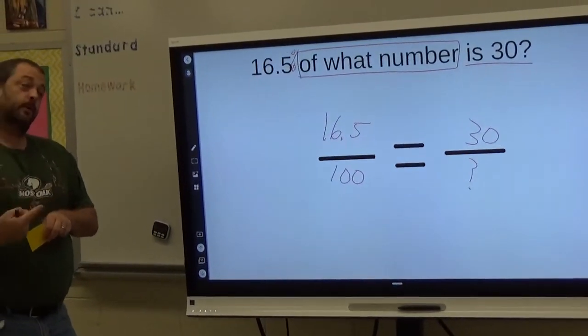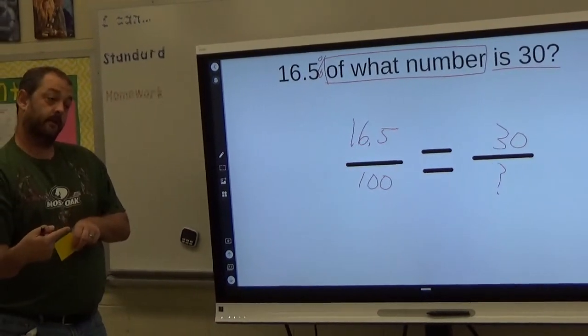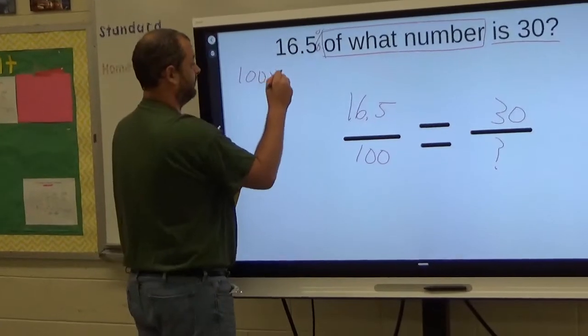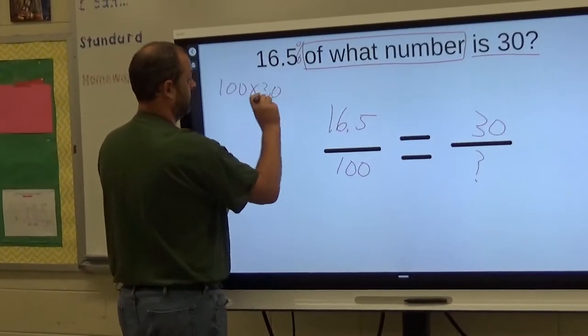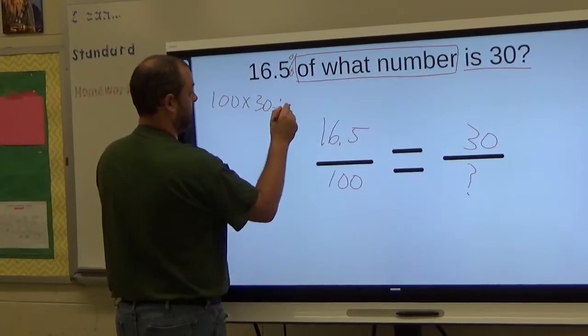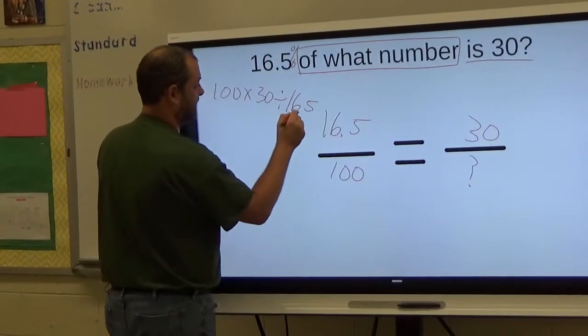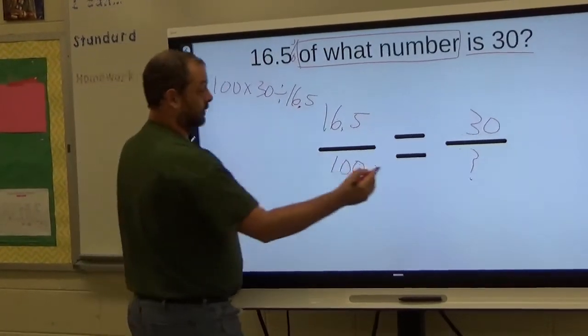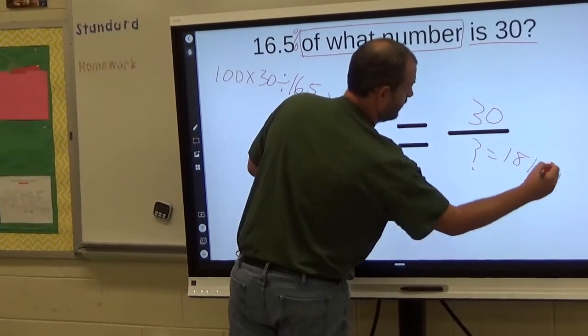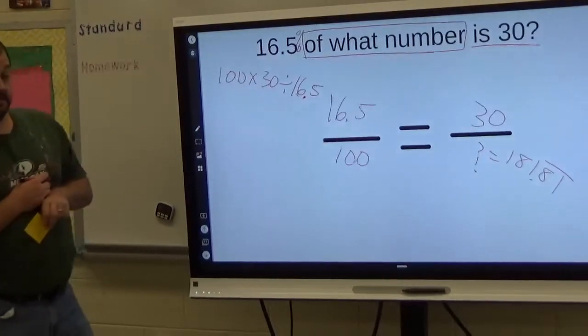What's going to be the cross multiply divide problem that you're going to put in the calculator? 100 times 30 divided by 16.5 equals 181, and then the 81 repeats.